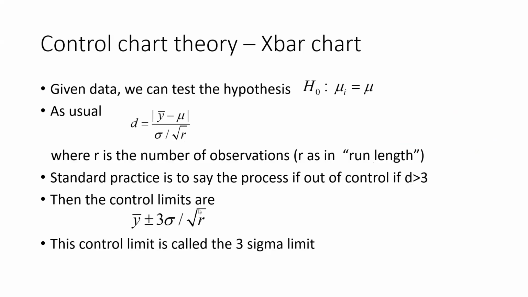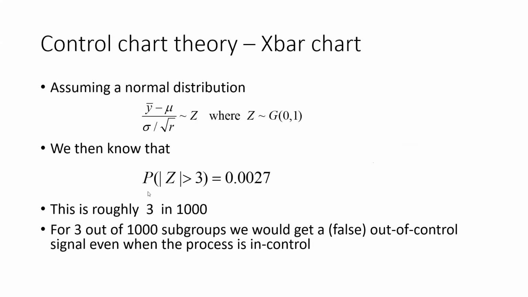This is maybe the only difference to a confidence limit. We are specifically looking at 3 standard deviations, whereas a confidence limit exists for 95%, for 90%, for 99%, and so forth. Let's see what level of confidence this corresponds to. As usual, once we standardize this is a normal distribution, Gaussian 0, 1.